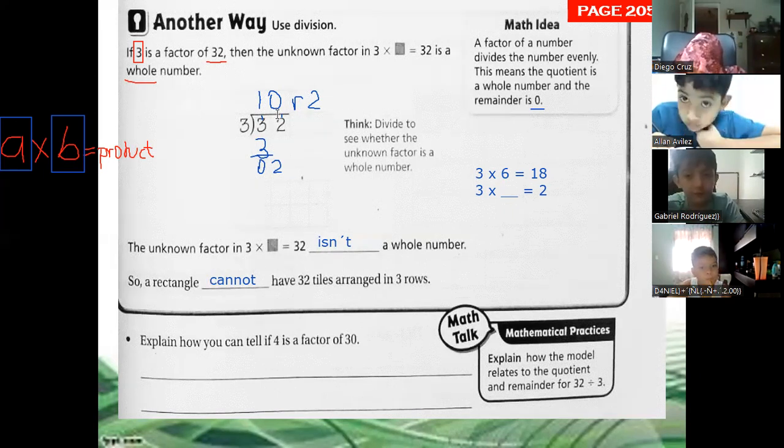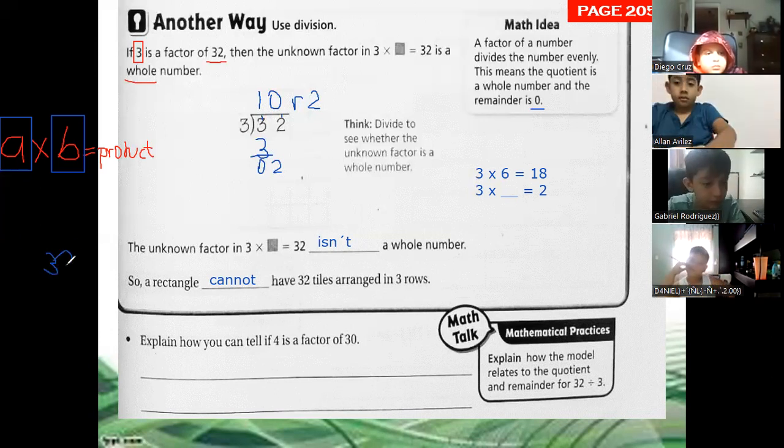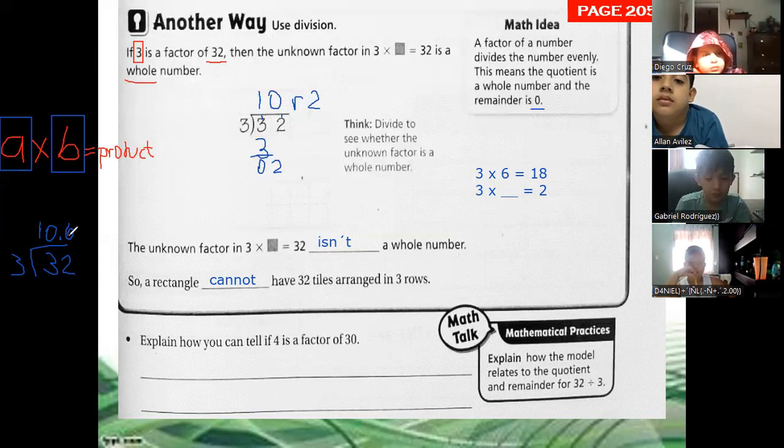For example, 32 divided by 3. Some of you did this one, and I make a great emphasis in that homework. Some of you had 32 divided by 3, and the answer you wrote here in the quotient was 10.666.